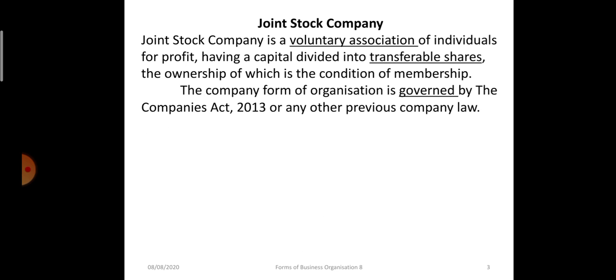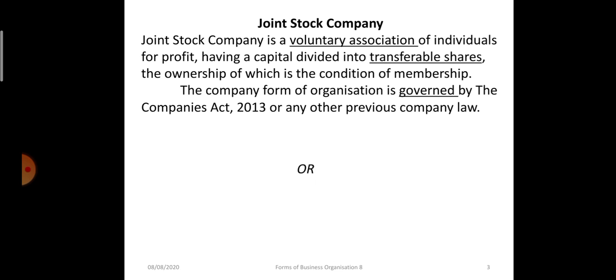The company form of organization is governed by the Companies Act 2013 or any other previous law. Before 2013 there was the Companies Act 1956, and before that there were a few more company acts. You remember the name, the Companies Act 2013.